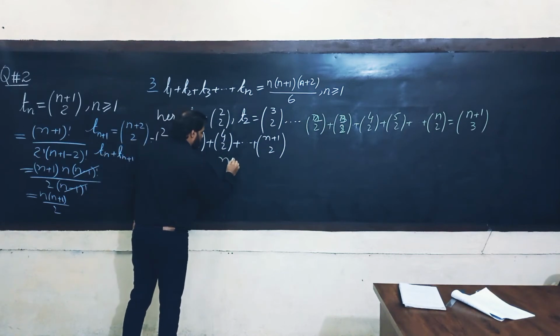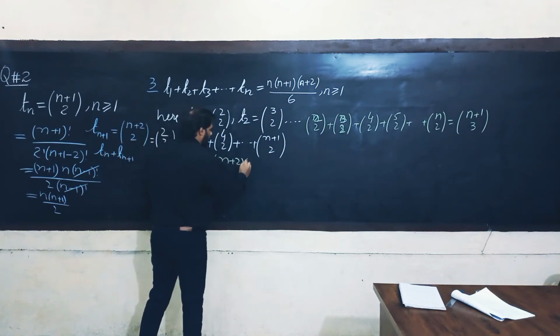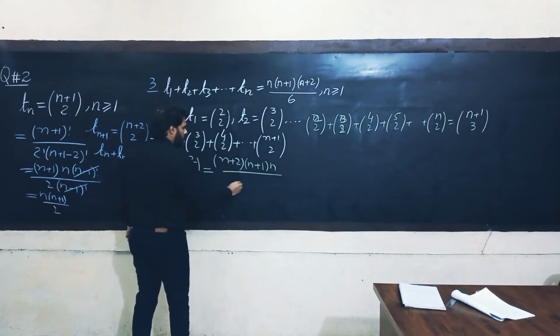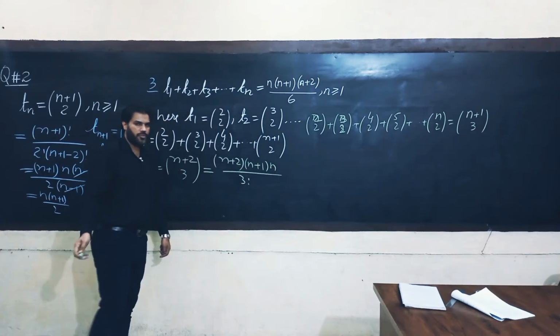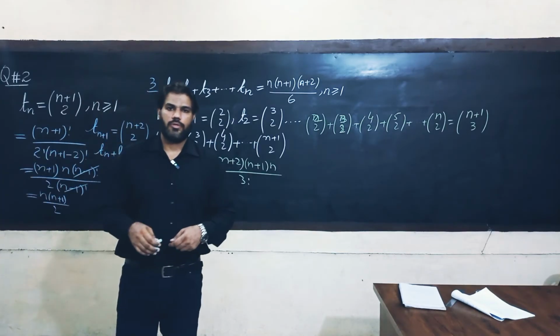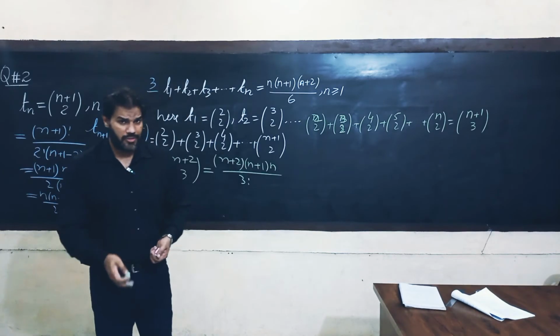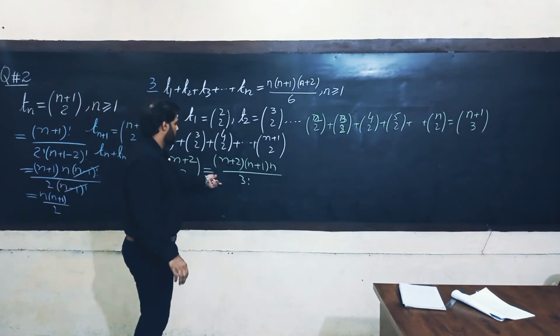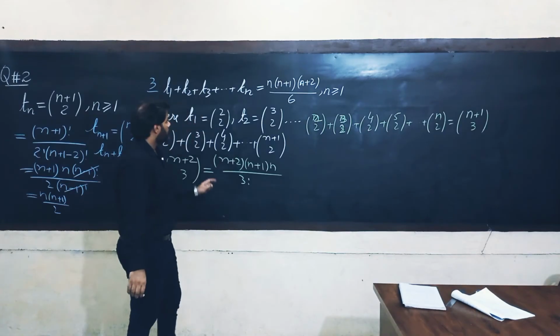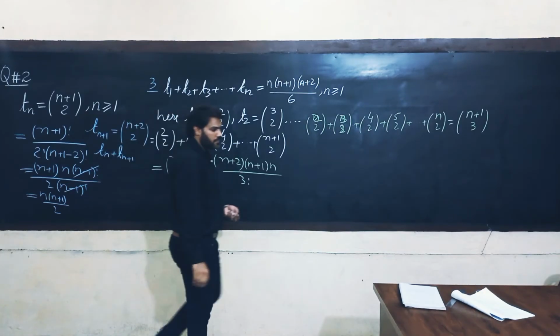This is equal to n plus 2, n plus 1 into n over 3 factorial, by just opening this and cancelling some common factors, and 3 factorial is simply 6. That completes the proof of question number 3.